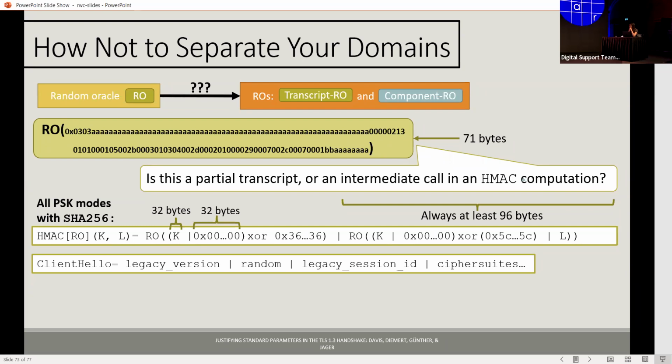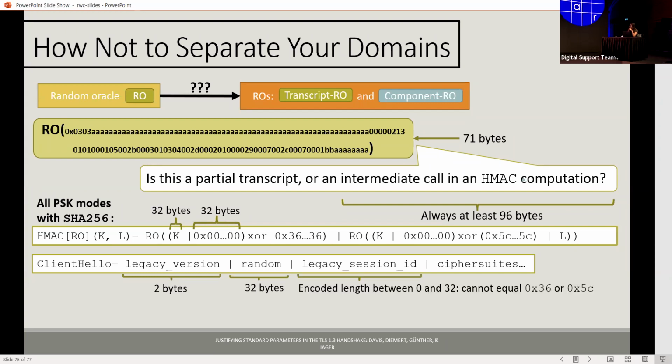An HMAC call starts with 32 bytes of key, and then 32 bytes that is padded to a specific value, each byte being fixed to either 36 or 5C. In a client hello, we have 34 bytes of version number and nonce, and the first non-random byte after this is the length encoding byte of the legacy session ID.